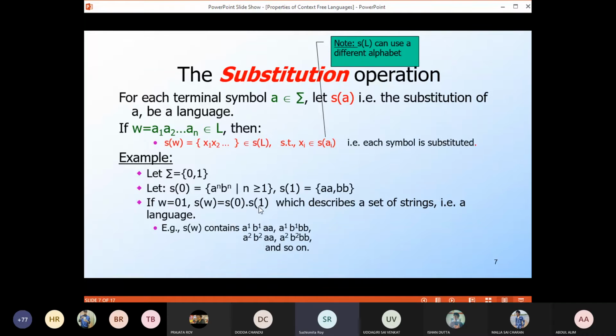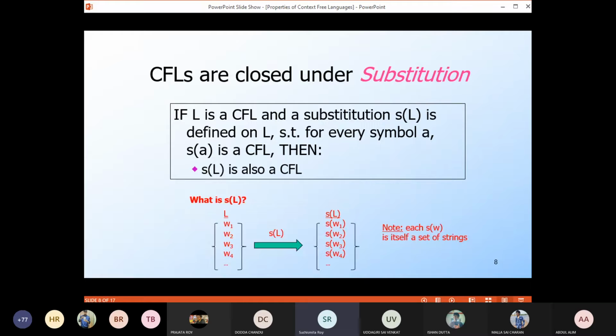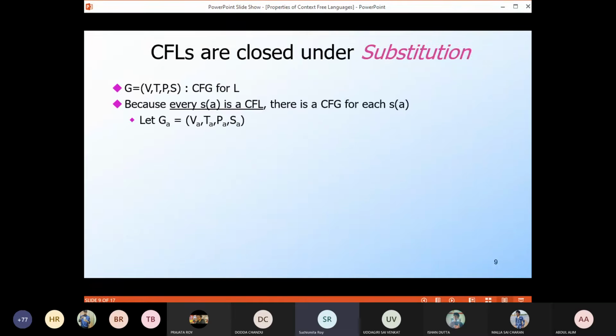So this A here is nothing but an input symbol from this set of terminals T. SA is the context-free language which substitutes A; A is replaced by the context-free language SA. Because SA is a context-free language, it is defined by its own grammar, GA, which is VATAPA, you can see.